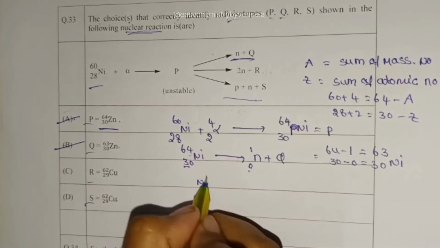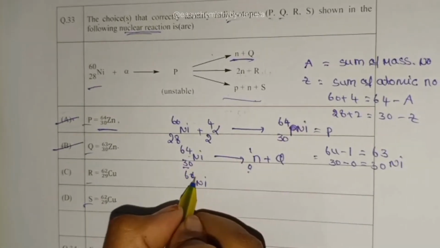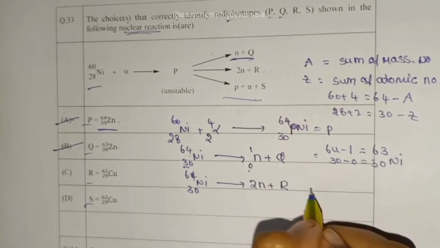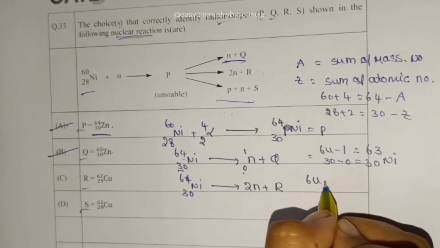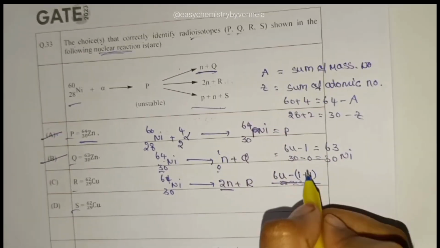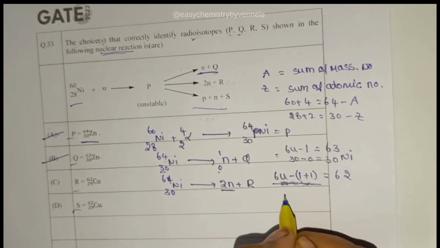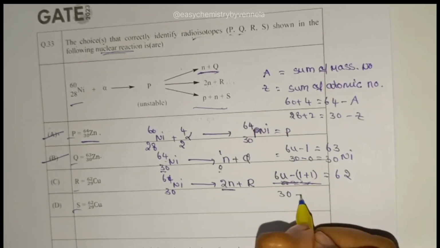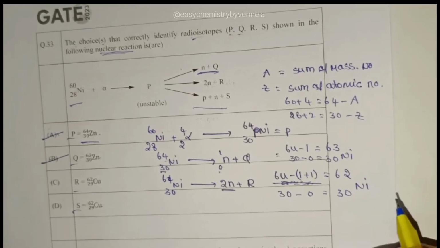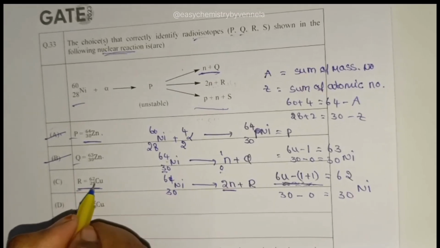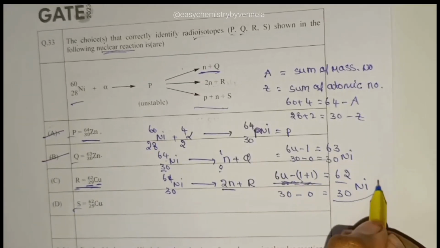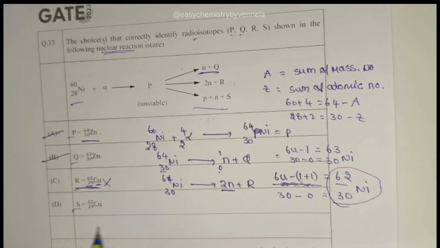Next, nickel 64 and here 30. 2N plus R. Here 64 minus 2 neutrons is equal to 62. Next, 30 minus 0, that is equal to 30. 30 means nickel. But here 62 is okay, but 29 is copper. But here our answer is this one. So this is wrong.